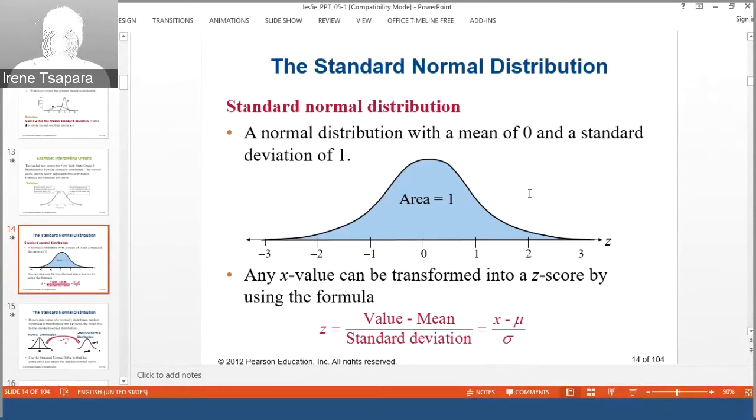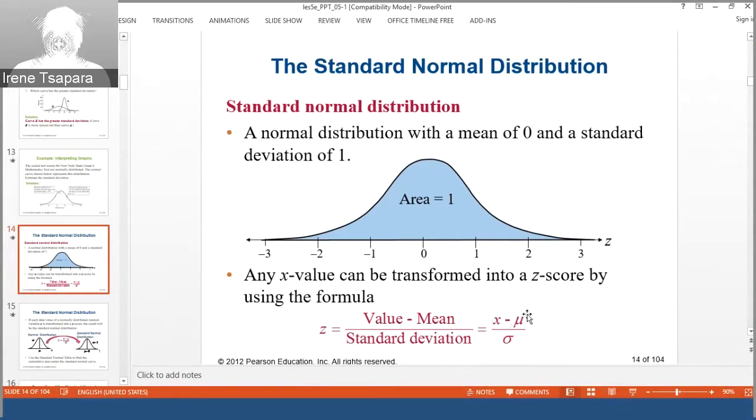So we call z-scores the numbers that we see on the standard normal distribution. And because of the symmetry of the normal distributions, we are able to translate from one distribution to another using a very easy formula. The formula that you see at the bottom: z equals the x value minus the mean, divided by the standard deviation.